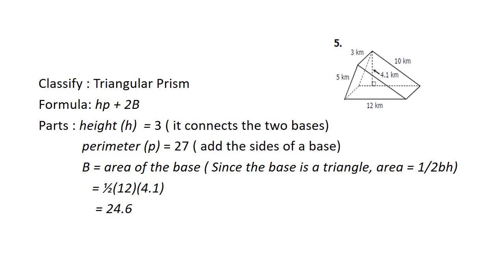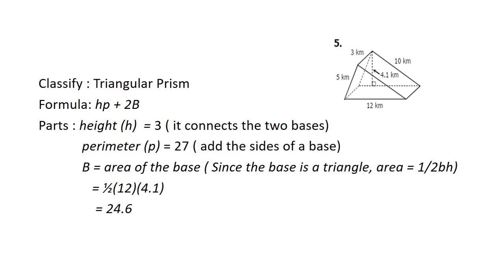The formula: height times perimeter, plus 2 times big B, the area of the base. So my height in this particular diagram is 3, because it is the piece that connects the front triangle to the back triangle. That's my height. My perimeter is going to be 5 plus 12 plus 10. Those are the 3 sides. And that's going to give me a total of 27. And the base, we said that this particular prism has a triangle for its base.